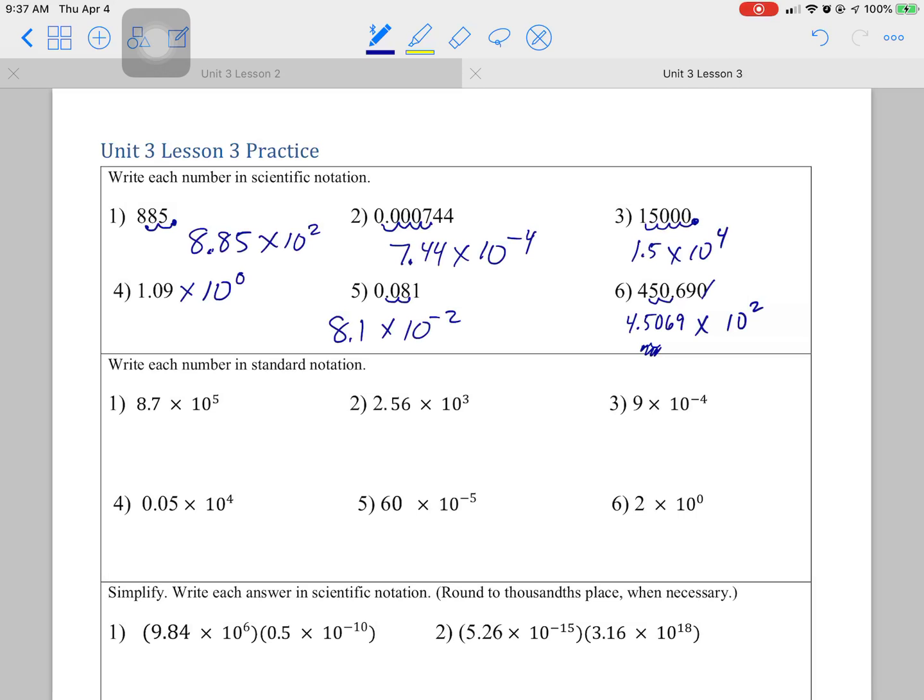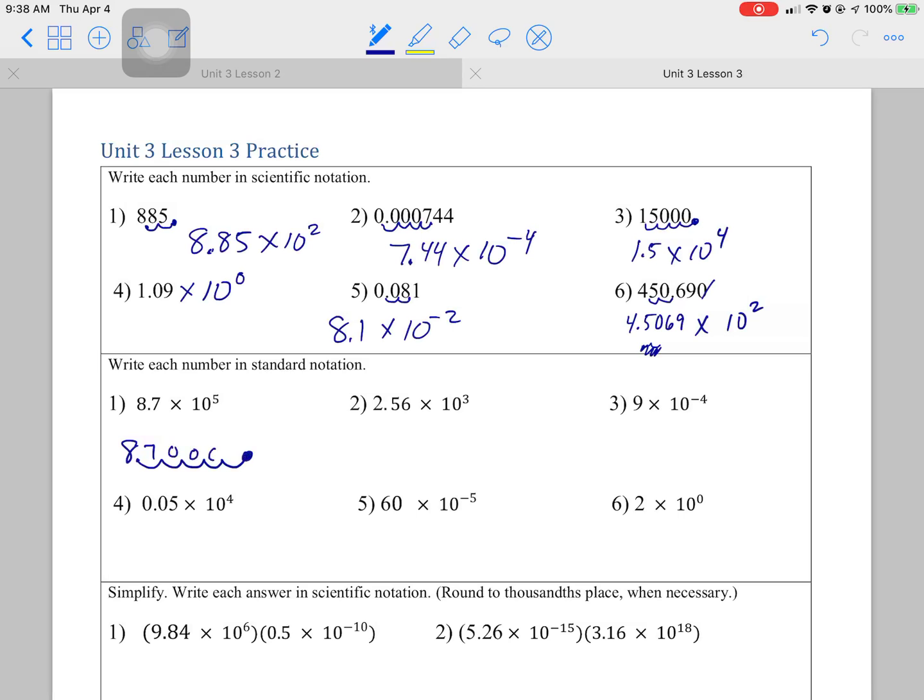Let's see, write each one in standard form. All right, let's go back the other way. This is positive, so I'm going to leave some room because I'm going to be going to the right. So I write that down, and then I go 1, 2, 3, 4, 5. Put a big old decimal.